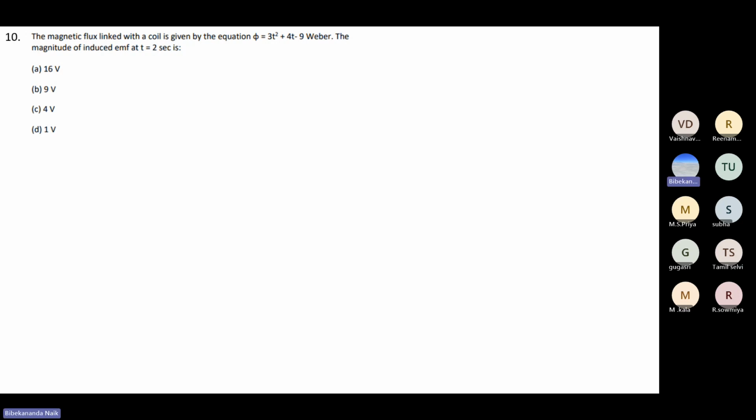Can anyone tell me what will be the value of the induced EMF? It's very simple. The EMF is given by d phi by dt. So it will be d by dt of 3t square plus 4t minus 9, which is 6t plus 4.